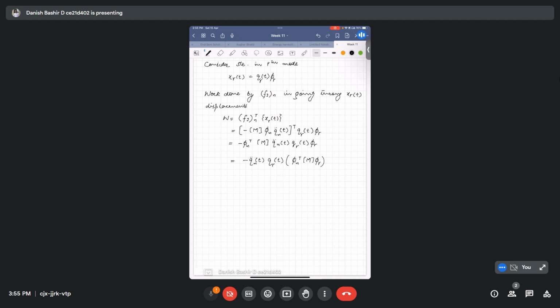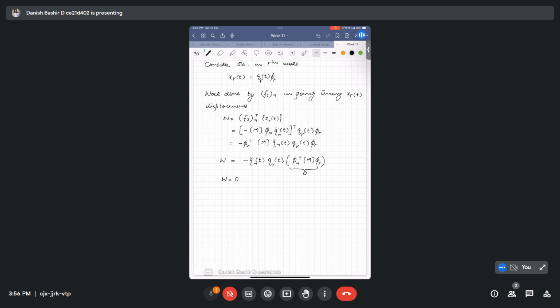This work done will be 0 if we assume that phi_n transpose m phi_r is equal to 0. So our first implication of modal orthogonality for two modes n and r is that the work done by inertial forces of the nth mode in going through rth mode displacements is equal to 0. This proves our first implication.